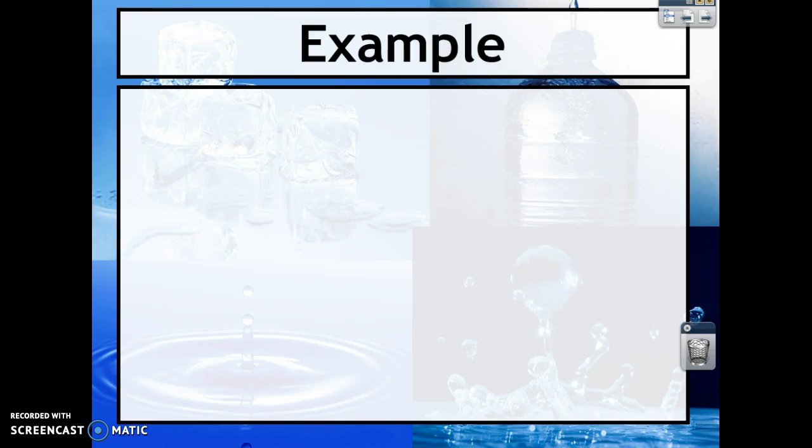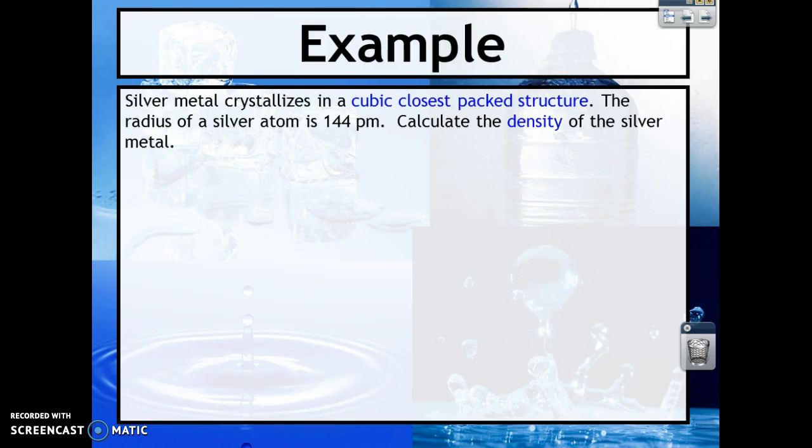Okay, so here's an example. I'm going to put this up on Canvas as well, so if you really want to try and calculate these out, but we actually don't have to know how to do this, we just have to understand the types. And this is showing a way to calculate density, and all we did here was we plugged in the radius.